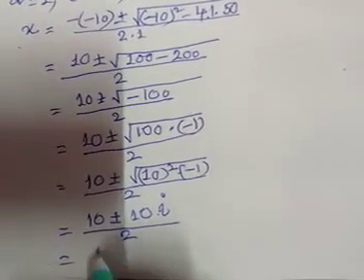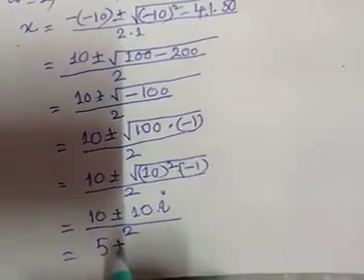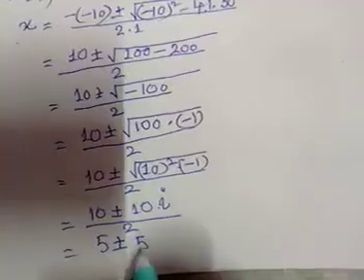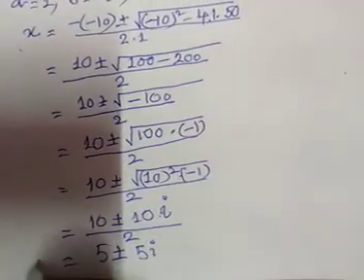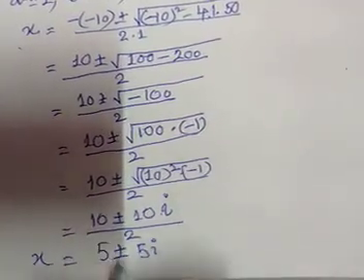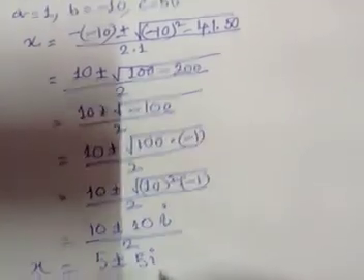If we divide by 2, that will come 5 plus minus 5i. So here x equal to 5 plus minus 5i.